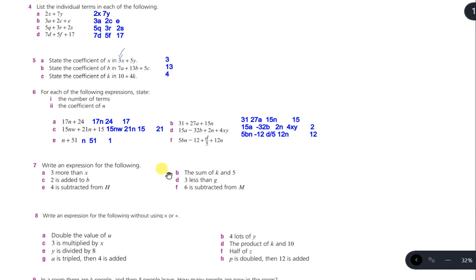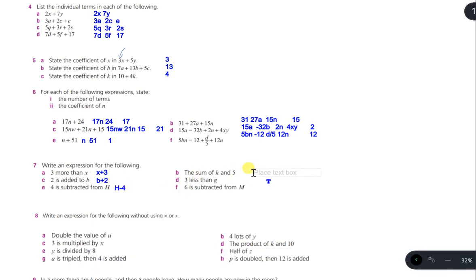Okay, write an expression for the following. 3 more than x. If you've got to do 3 more than x, this is going to be x plus 3. 2 added to b, it's going to be b plus 2. If it's going to be 4 subtracted from h, we've got to be h take 4.